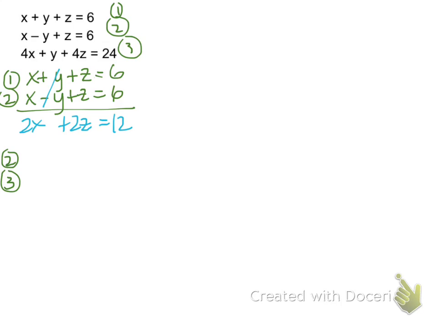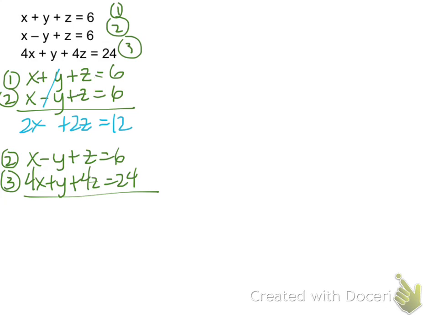And again, I can take equation 2 and 3, because again, my y's are the same but opposite. And so if I write those down and I don't have to multiply either equation by anything, I'm going to get 5x plus 5z equals 30. Again, numbering these other two equations, and now I need to eliminate the x or the z.